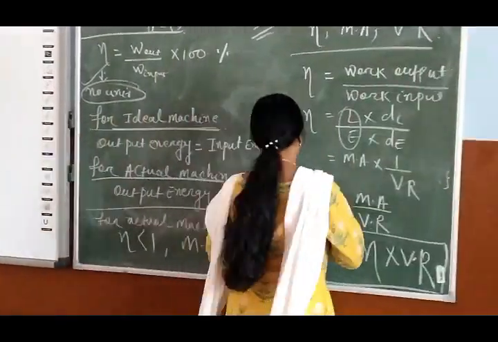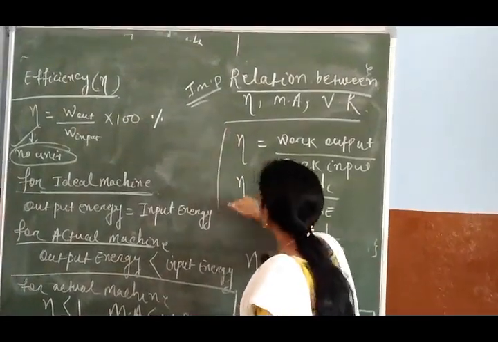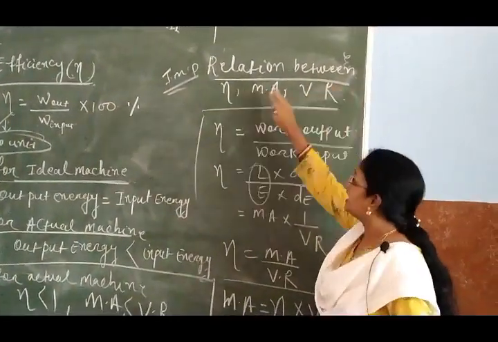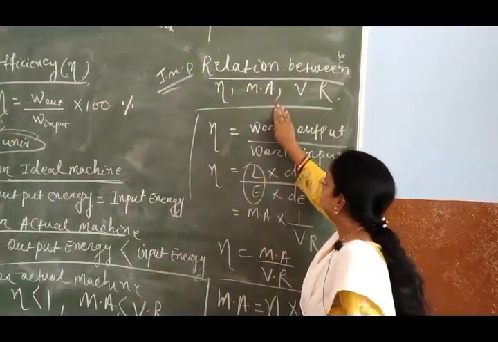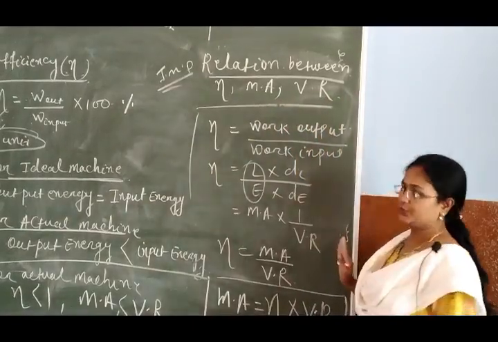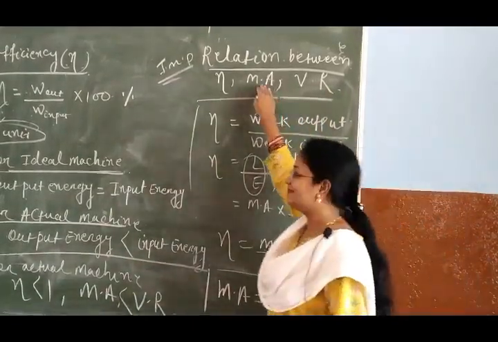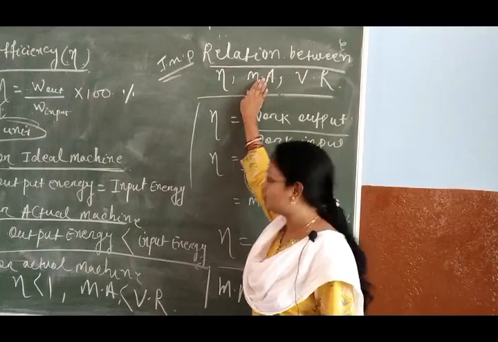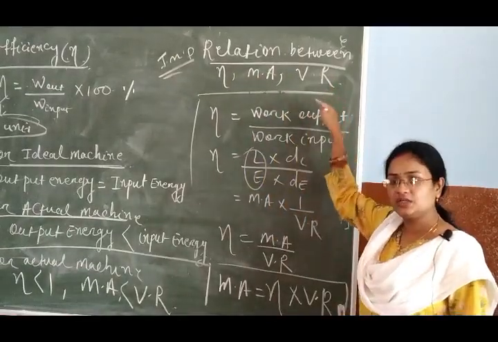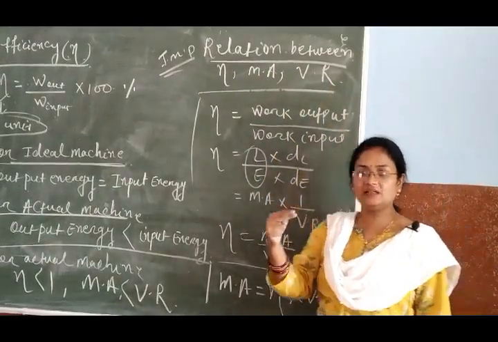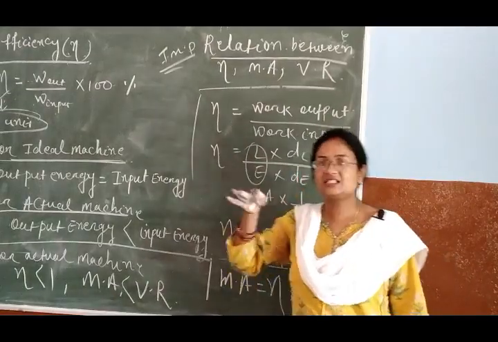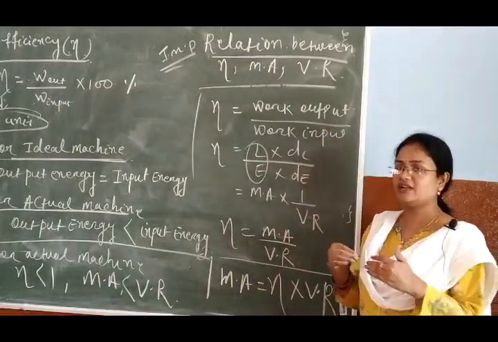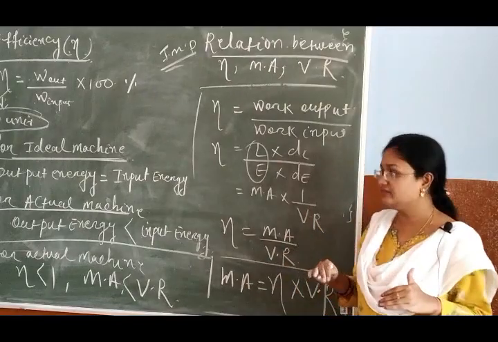Now you see, this is a very important thing: the relations between efficiency, mechanical advantage and velocity ratio. You know what is mechanical advantage? Load by effort. Velocity ratio is distance moved by the effort by distance moved by the load, or velocity of effort by velocity of load.